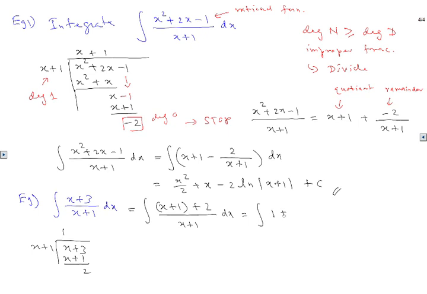From the second one, you're going to get 2 over x plus 1. That's exactly the same thing, but sometimes we can use this kind of trick to make the calculation fast. Now we can integrate term by term. From the first one you get x, from the second one you get 2 ln of x plus 1. So that's much faster. So you can avoid the long division sometimes.